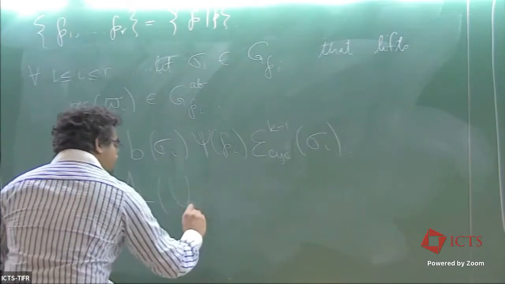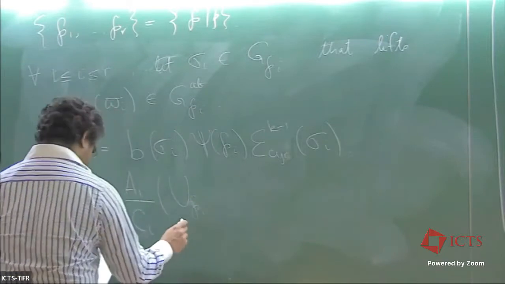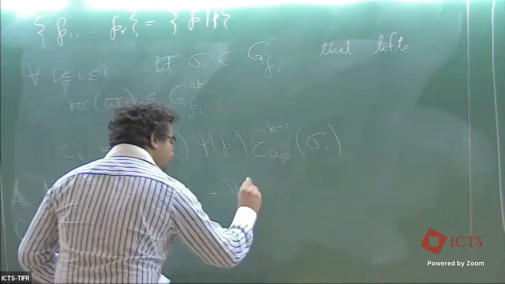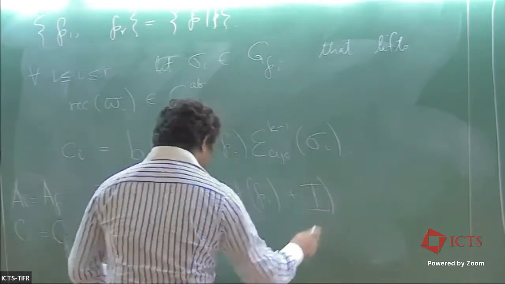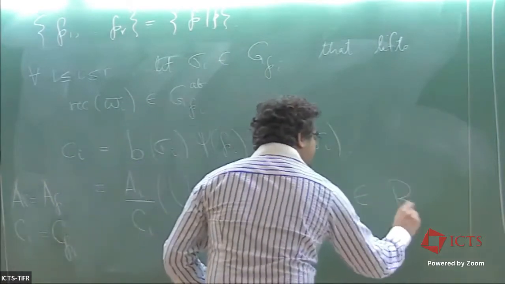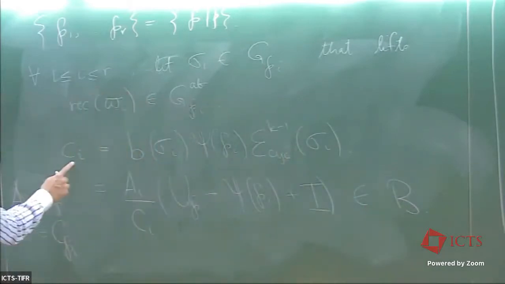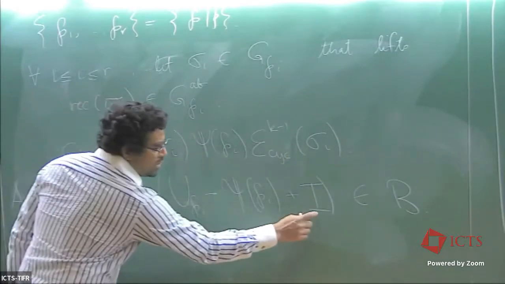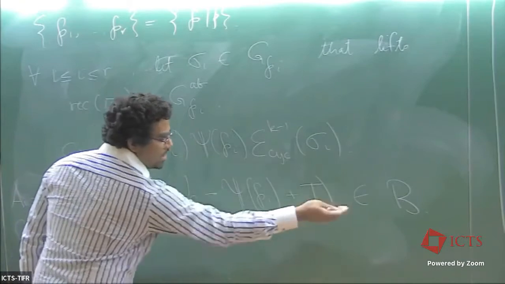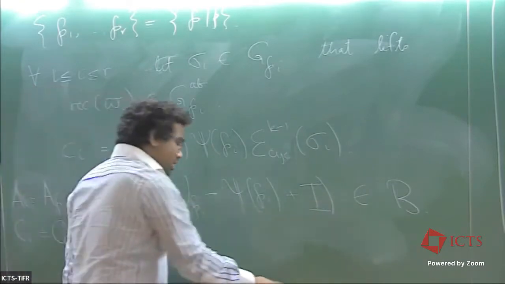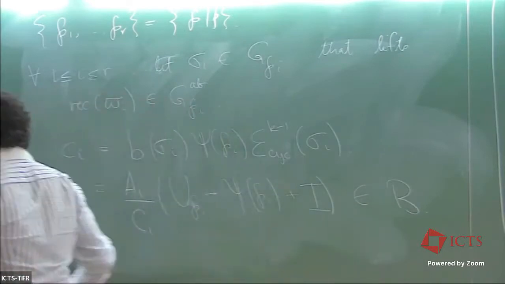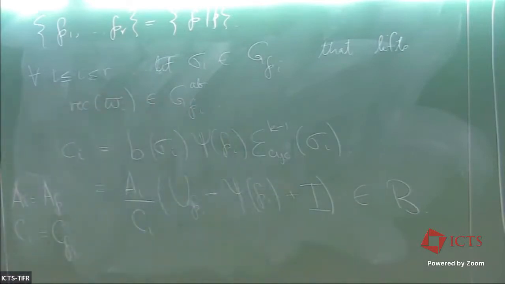This thing will be u_{P_i} minus psi of P_i plus some element in I. This is an element of B. So this is my shorthand for some element of I, and I don't want to give it a name. There are too many symbols anyway to start with.